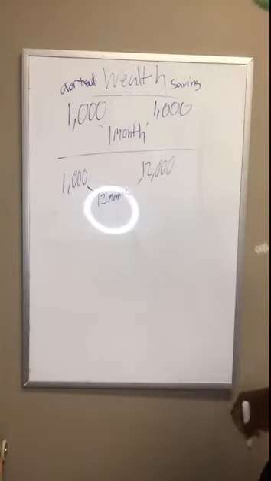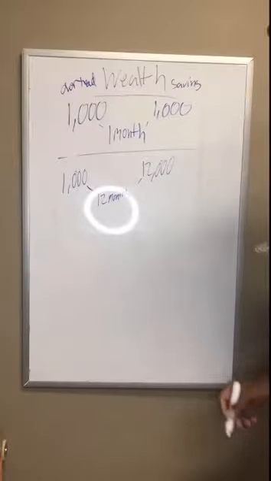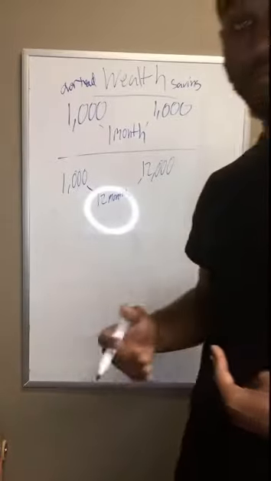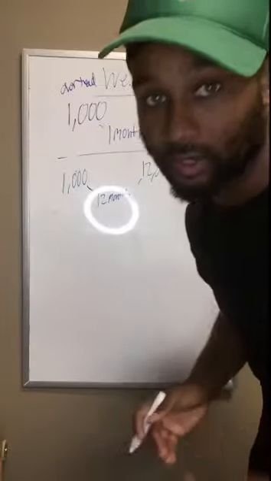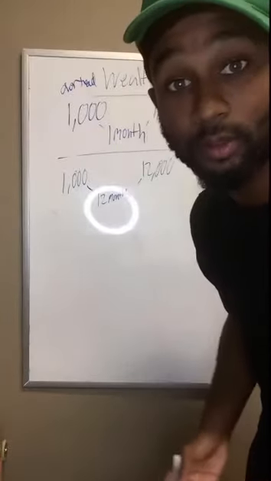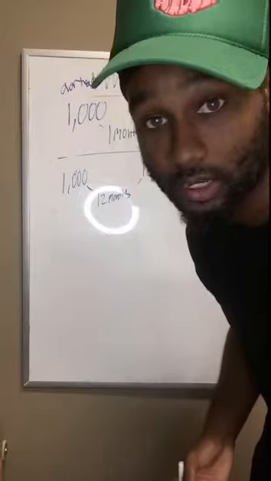So boom. Now the great thing about having this cushion of wealth is because, for one, employees don't even understand what I'm talking about. Self-employed people barely understand what I'm talking about.